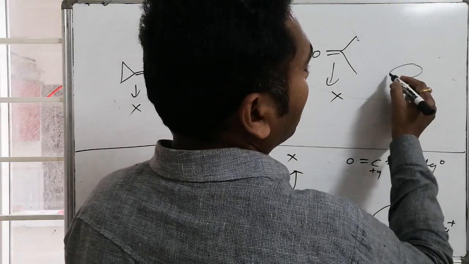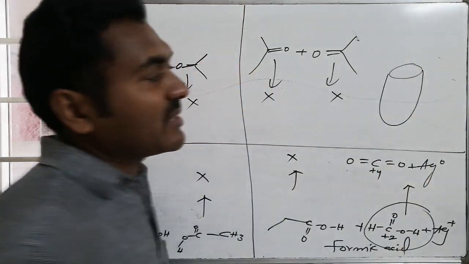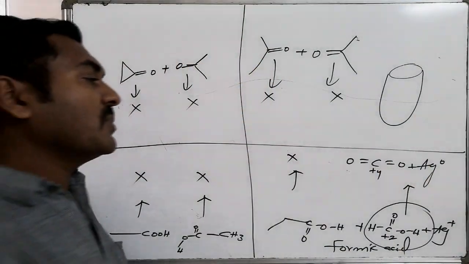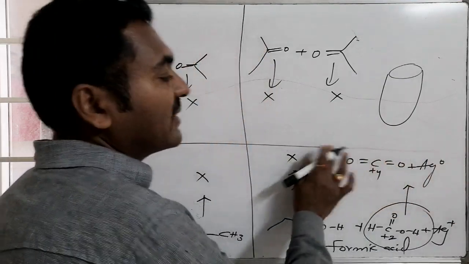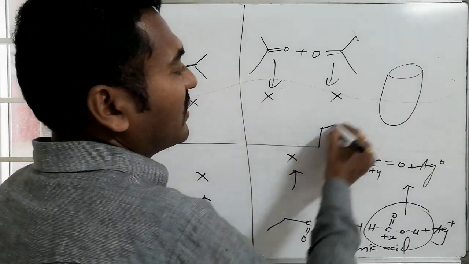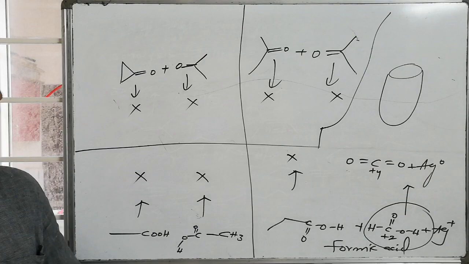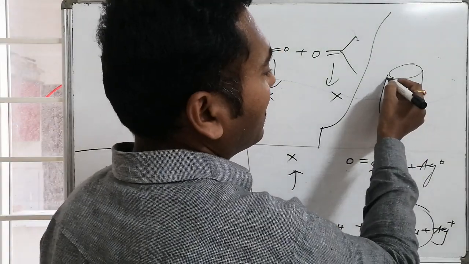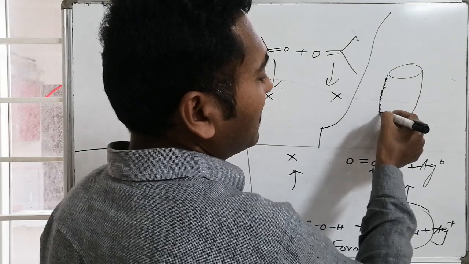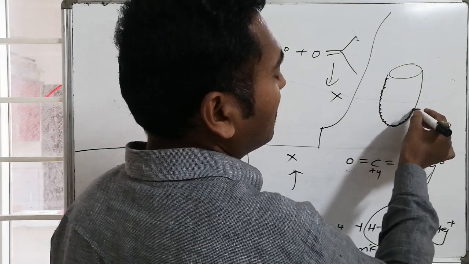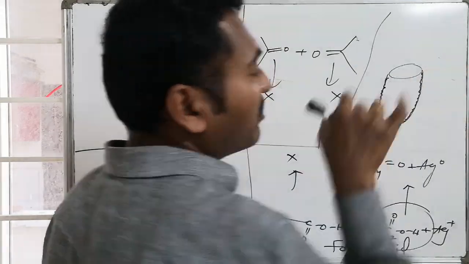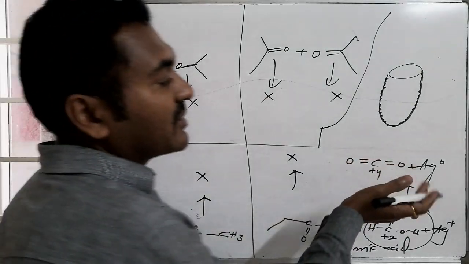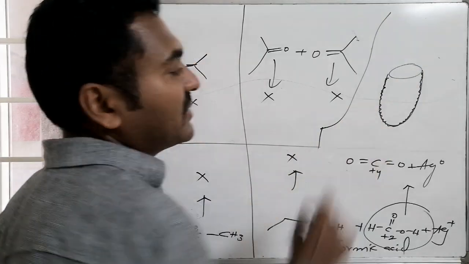If I take the Tollens test reagents inside a test tube and formic acid is added, then after this reaction the formic acid is converted to carbon dioxide, whereas the silver plus in the silver mirror reagent is converted to silver 0. Silver 0 is a metal. It has high density. It comes to the bottom, where it takes the help of the surface of the test tube.